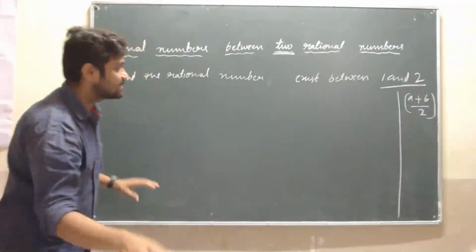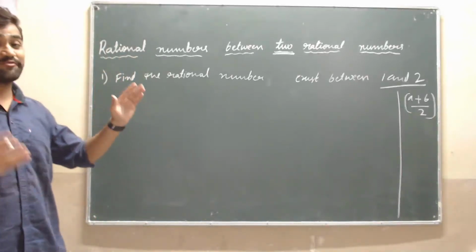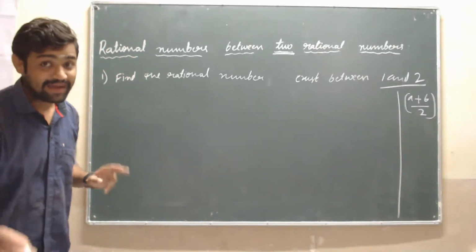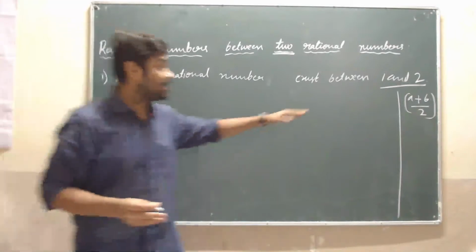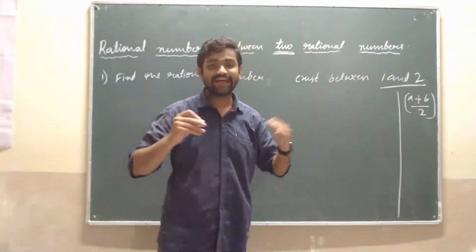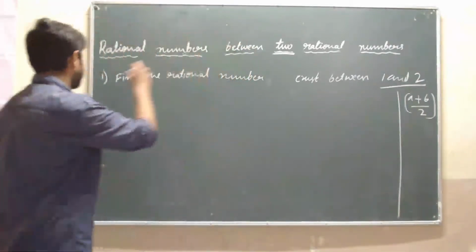We have to find the rational numbers that exist between 1 and 2 by the second method. What is the second method we have? Taking a mean or an average. Solution.